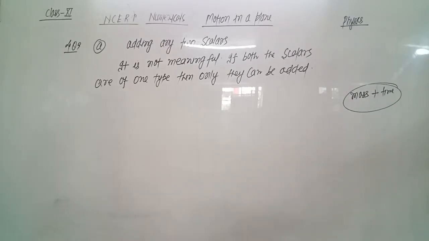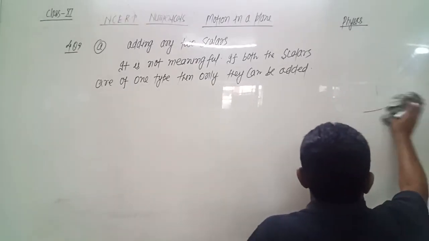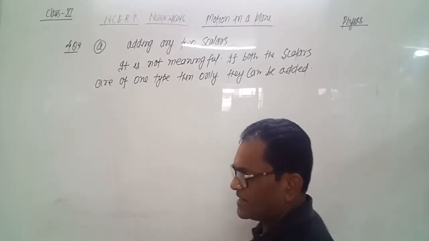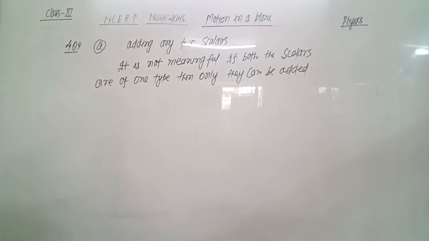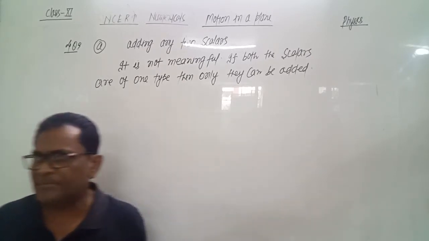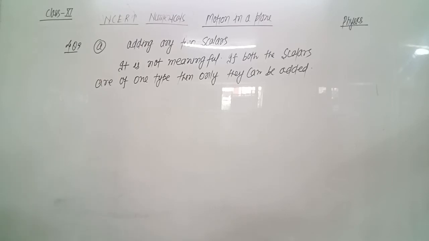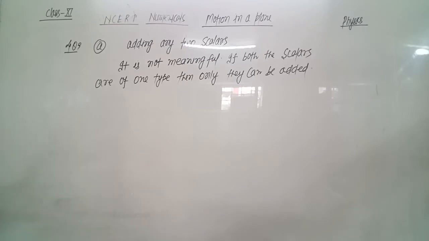Only two scalars of the same type can be added. Mass and mass, they are the same type, so they can be added. Time and time, they are of the same type, so they can be added. Speed and speed, they are of the same type, so they can be added. So adding of any two scalars is not meaningful. If both the scalars are of one type, then only they can be added.